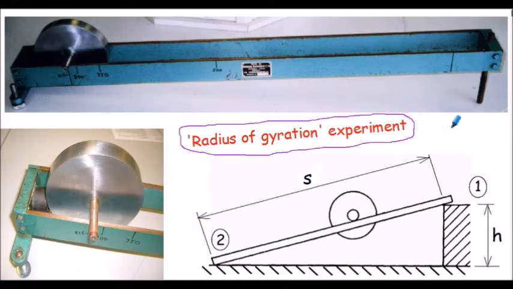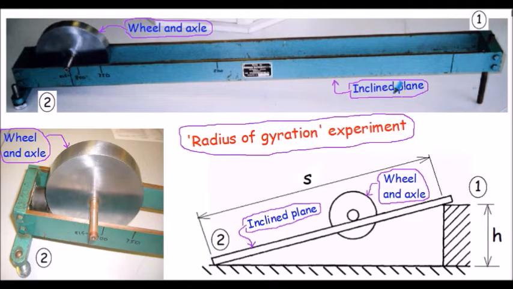For interest, here's the radius of gyration experiment. Here's the inclined plane, showing position 1, just the top of the inclined plane here, and showing position 2, the bottom of the inclined plane here. And here's the wheel and axle that initially starts at the top of the inclined plane and then rolls freely to the bottom of the inclined plane.